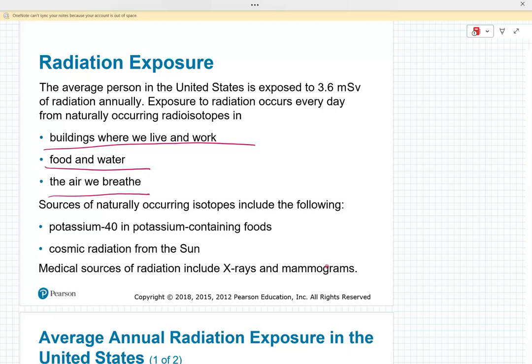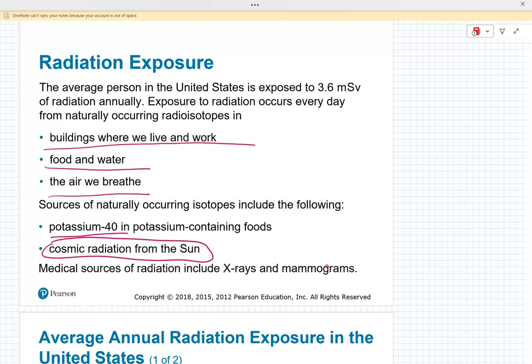Now, the main source of radiation around us in the environment, I'm not including medical procedures, will be cosmic radiation, which largely is contained by the ozone layer. Some small amounts of radioactive isotopes in the food, such as potassium.